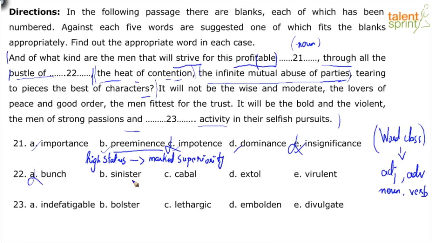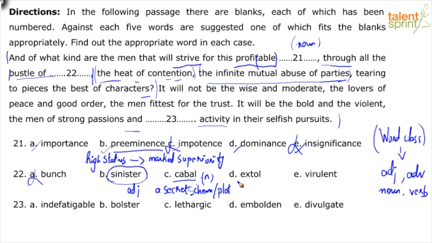Now, sinister as a word is an adjective form, right? A sinister smile. Cabal, what's cabal? It's a noun form, which means a secret plotting or scheming. Something that is done, some scheme or a plot.